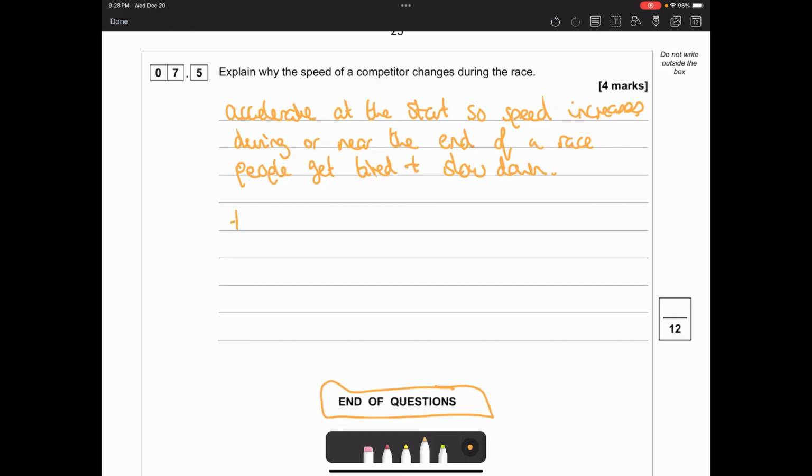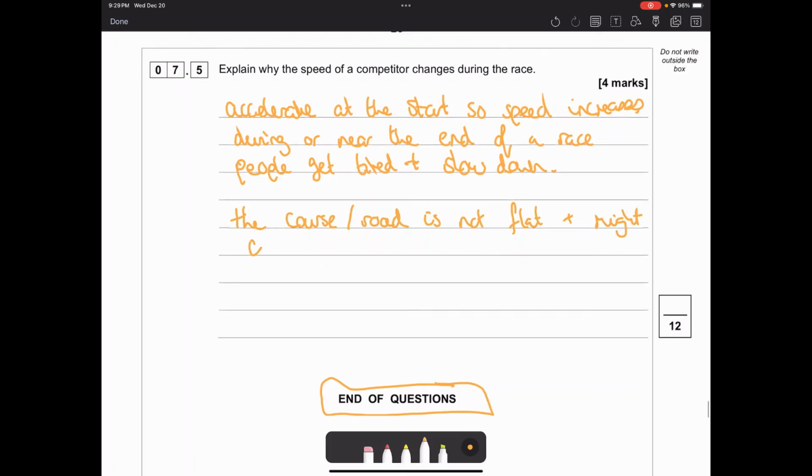And then you can think, what other factors might affect the speed? Well, it could be the actual road itself. The course or road is not flat and might change. Going uphill, working against gravitational or gaining gravitational potential energy might slow competitors down.